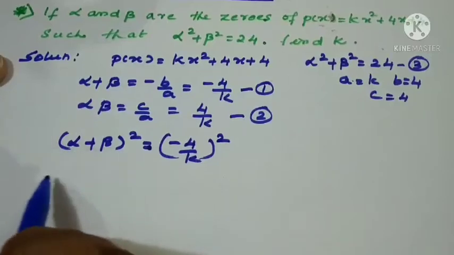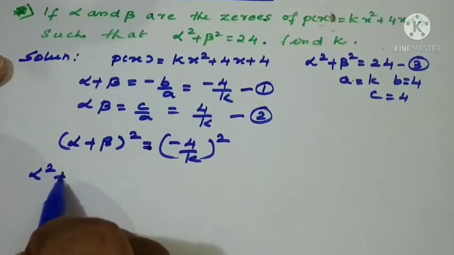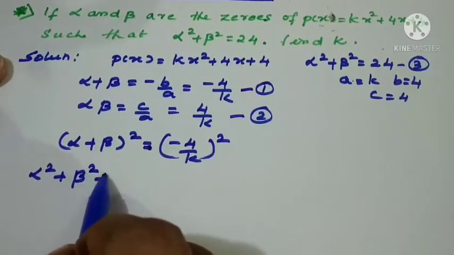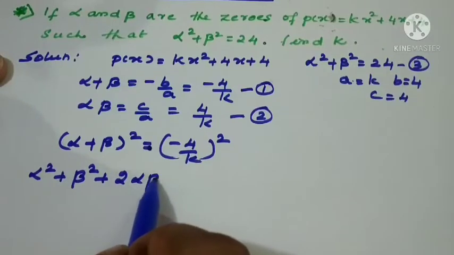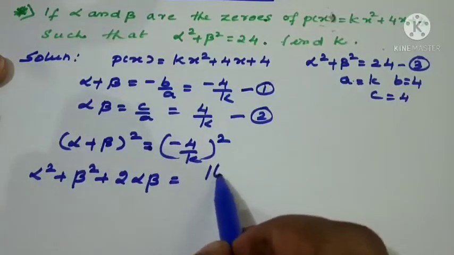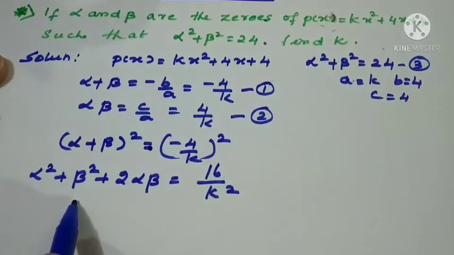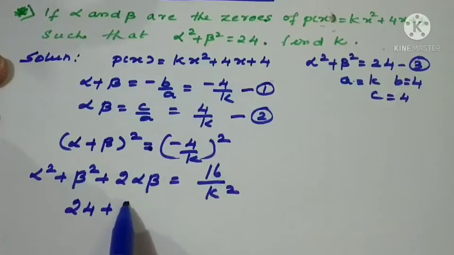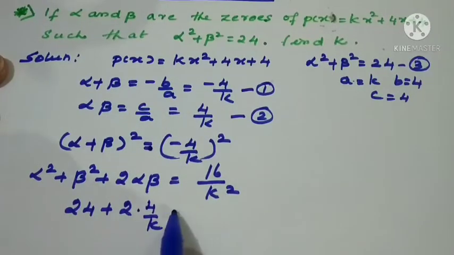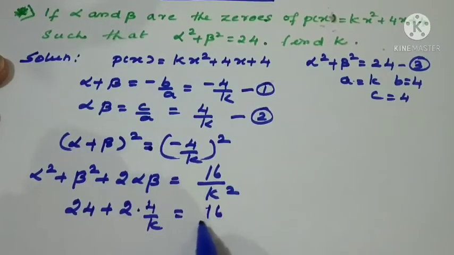So what is a plus b whole square? Alpha square plus beta square plus 2 alpha beta equal to 16 by k square. What is alpha square plus beta square? It is 24 plus 2 into alpha beta, which is 4 by k, equal to 16 by k square.